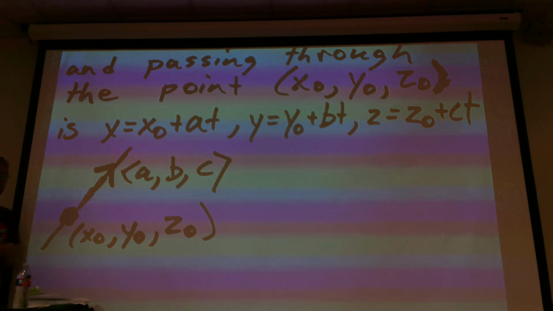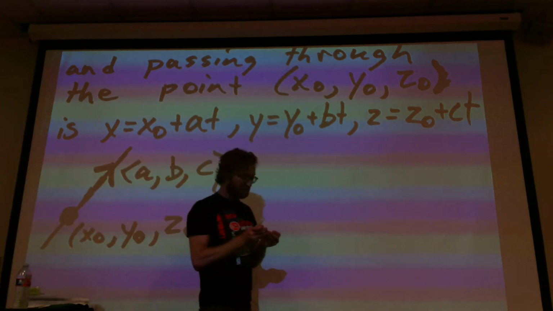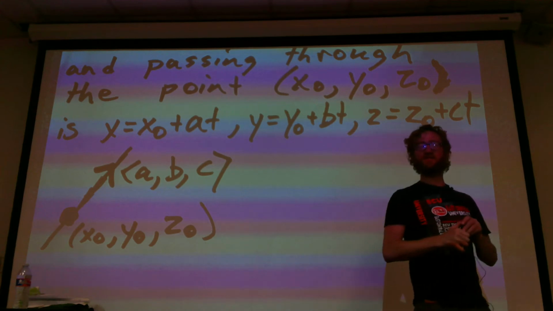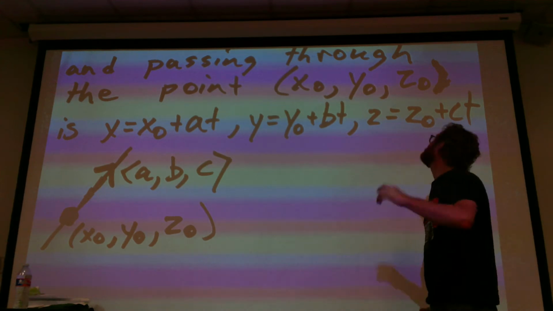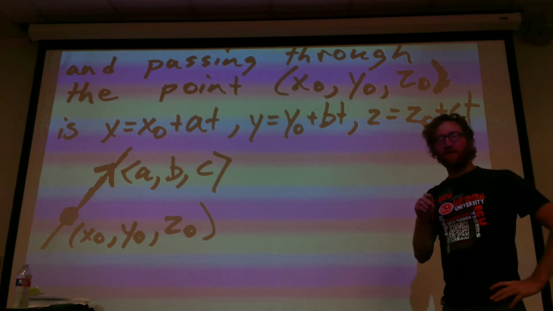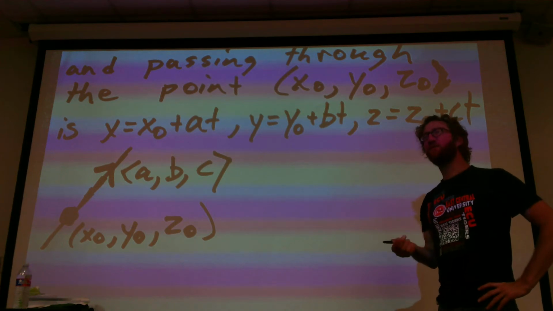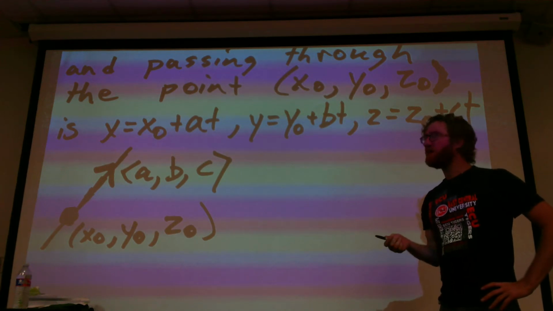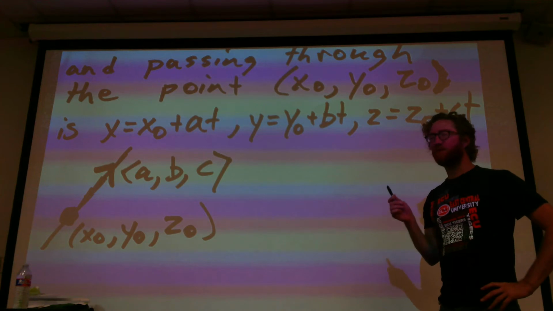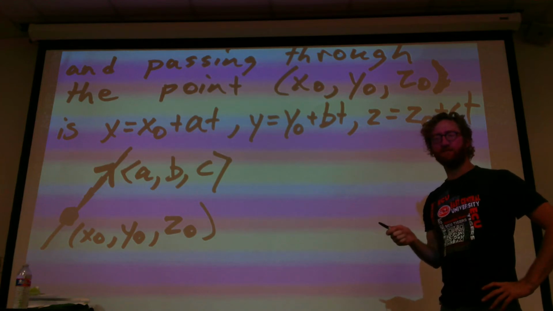Okay. So I'm going to talk about planes in space as well today. But whenever you're describing a line in space, what do you need? You need a point, and you need a vector that is going to be parallel to that line.